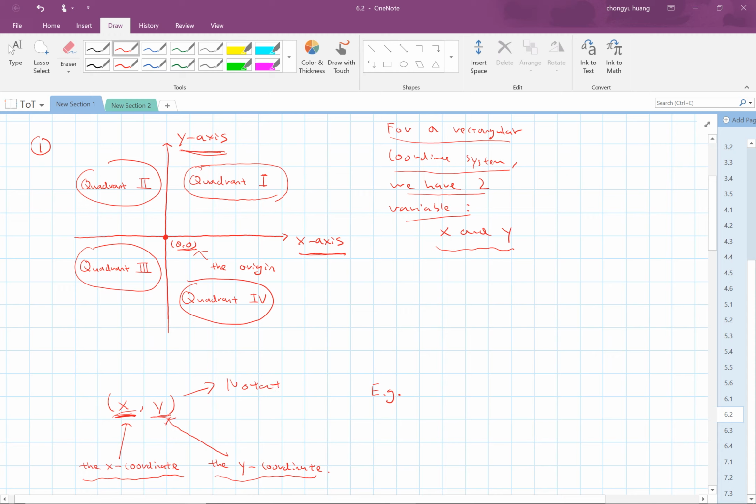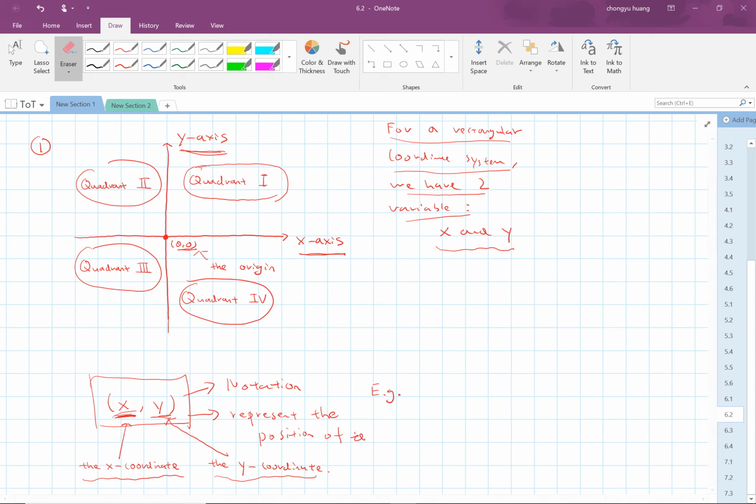We are using this notation to represent the position of a point, the location of a point.